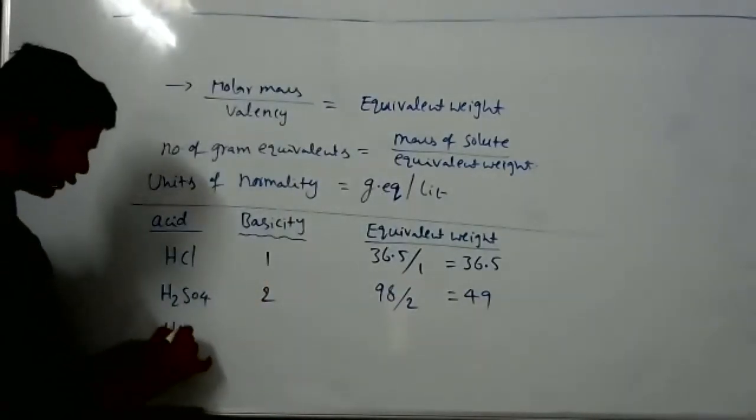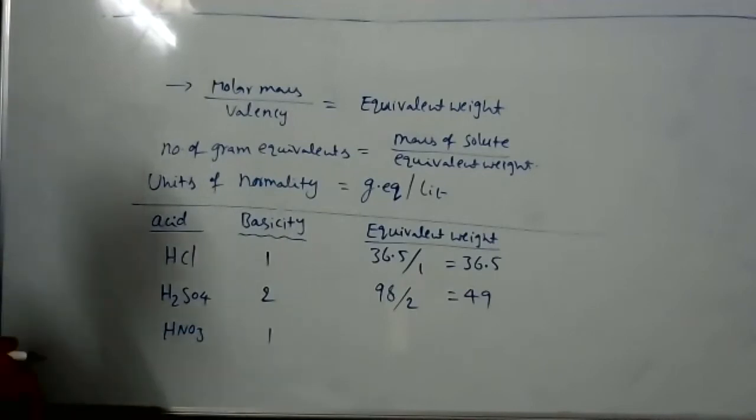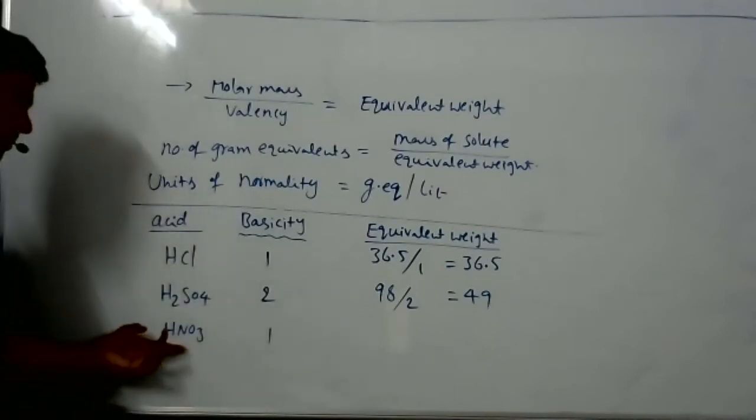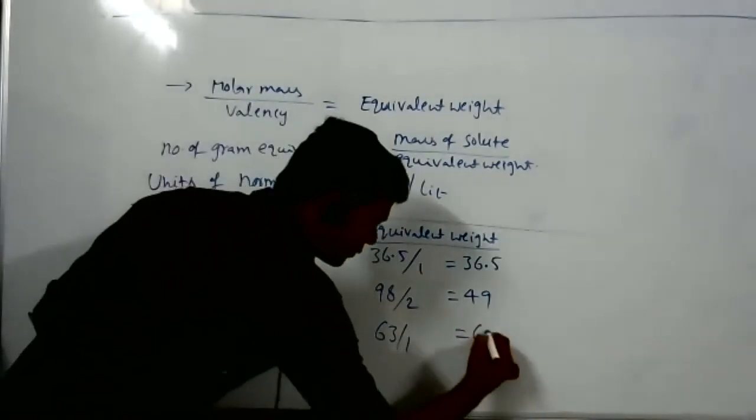Next, HNO3, basicity 1. HNO3 molar mass is 63. So 63 by 1, 63 only.